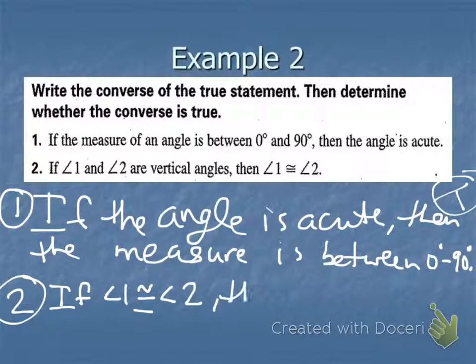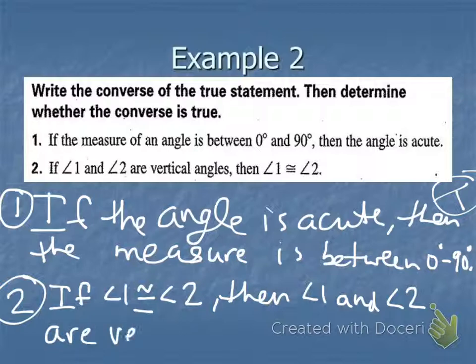Then angle 1 and angle 2 are vertical angles. Is that true? Someone give me some reasonings. I hear both answers. If angle 1 is congruent to angle 2, then angle 1 and angle 2 are vertical angles.